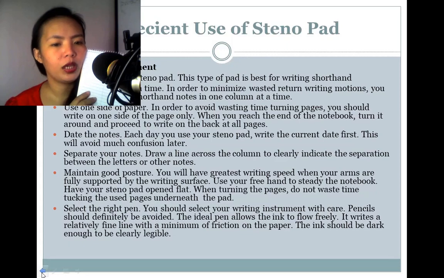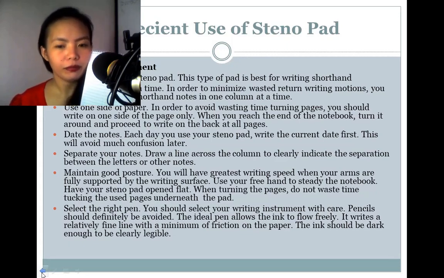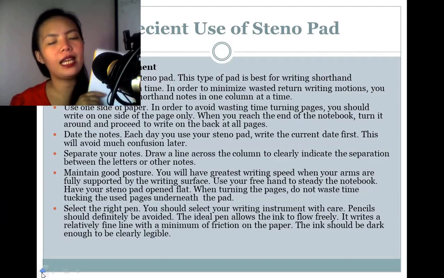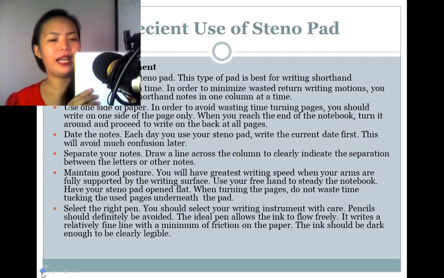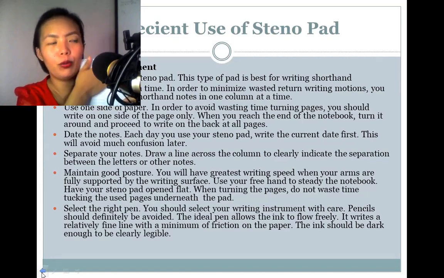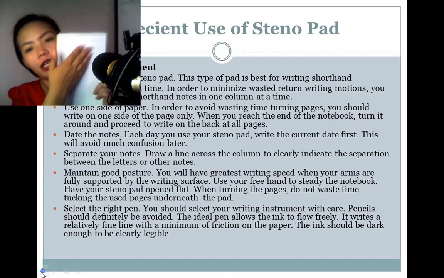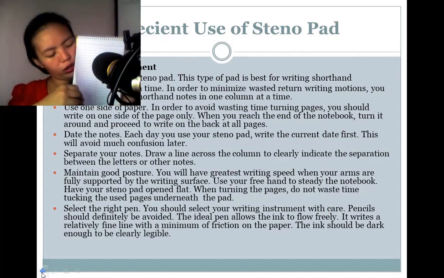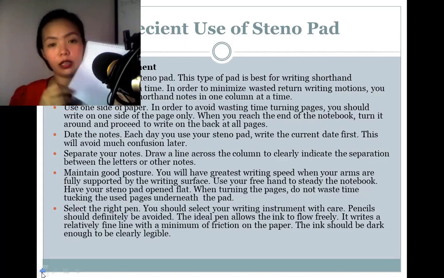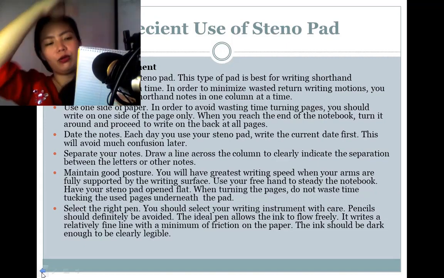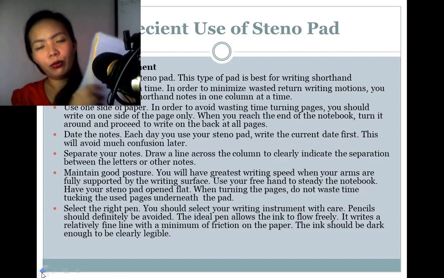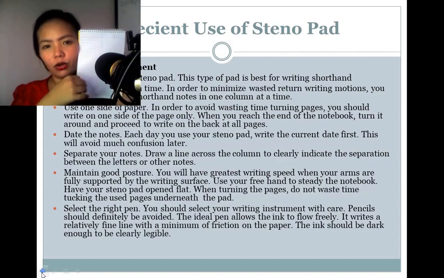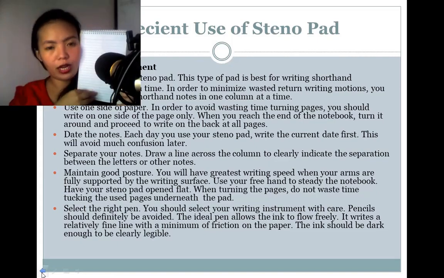What this says in your steno pad is that you write one page or one face at a time. So for example, let's say you've filled this, you wrote here and it's full. You turn the page to the next page. Don't write on the back, and don't flip the steno pad. Write on the next page again. Likewise for the next ones, you only write here.